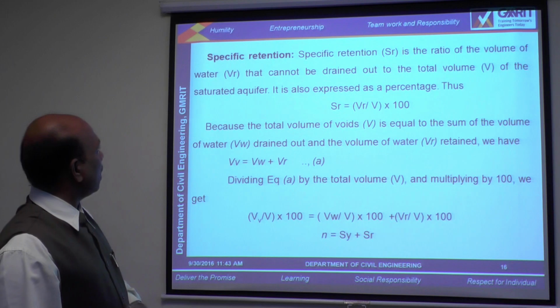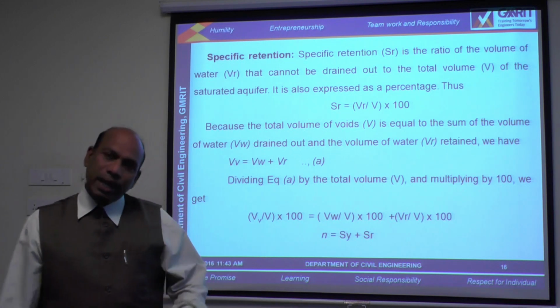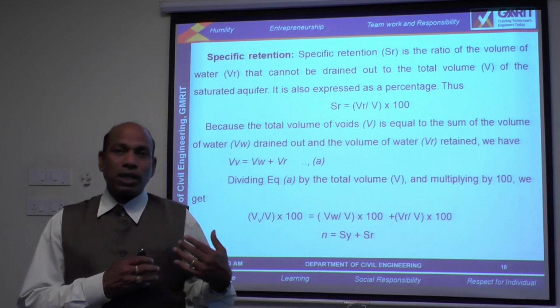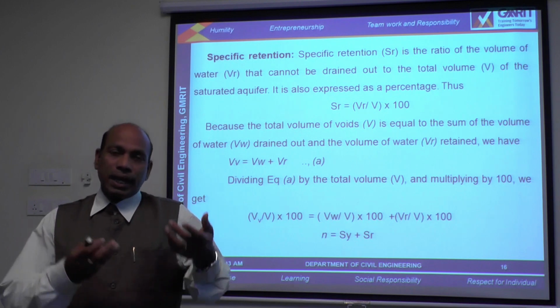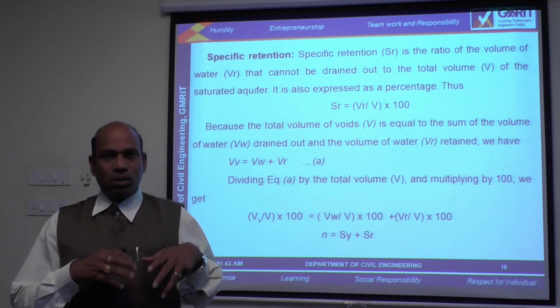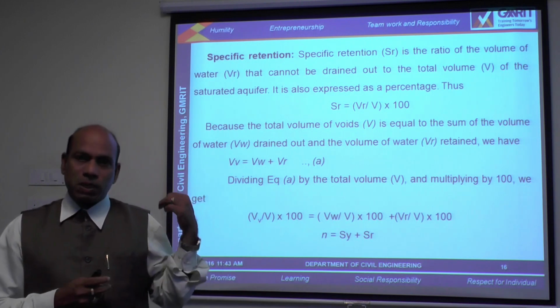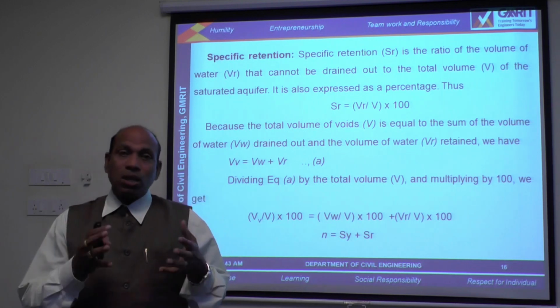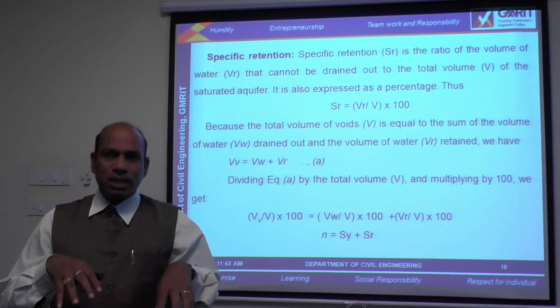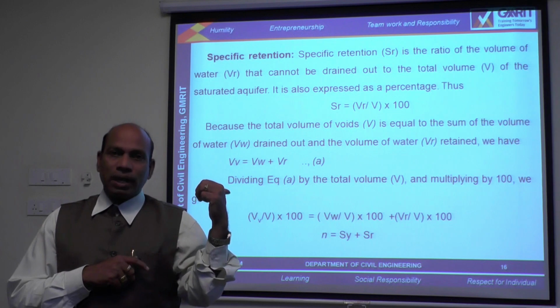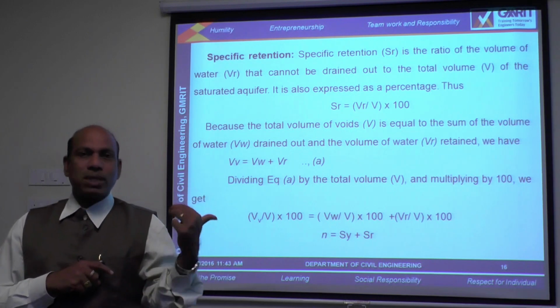Next is specific retention. It is the volume of water that is retained in the soil mass relative to the total volume. That means a part of the water is held in the soil mass because of molecular and surface tension forces.